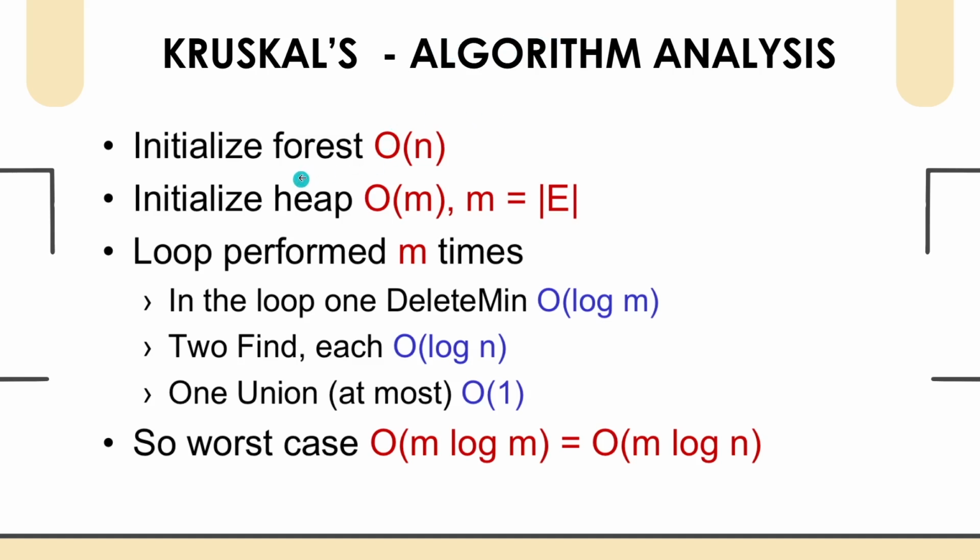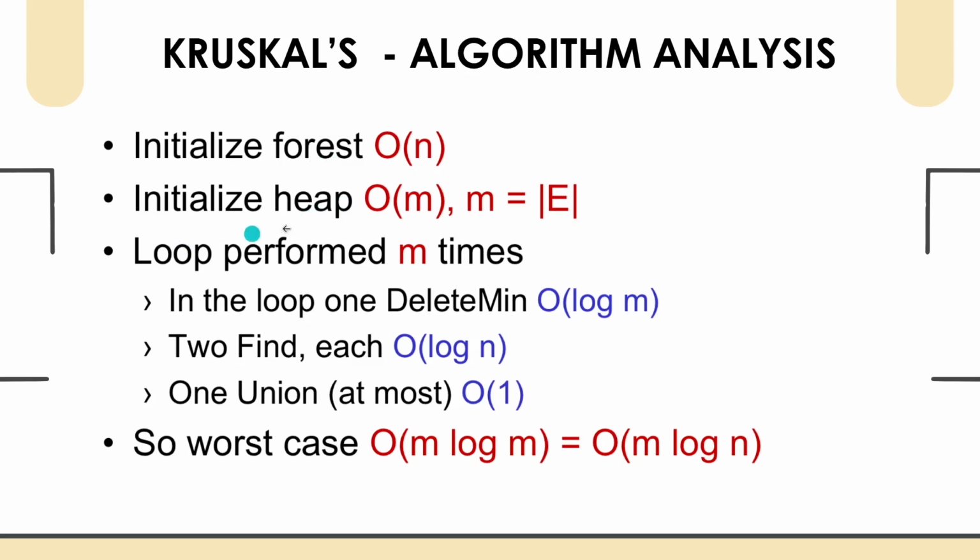So, here when we do the analysis of Kruskal's algorithm, initially we started the algorithm by having a forest. Whatever number of vertices the graph had, all those vertices are treated as independent trees. So, if there are n vertices in the graph, we initialize n forests, and so it takes a time of order n.